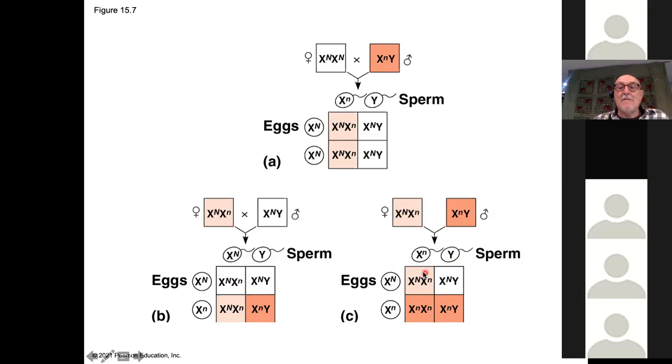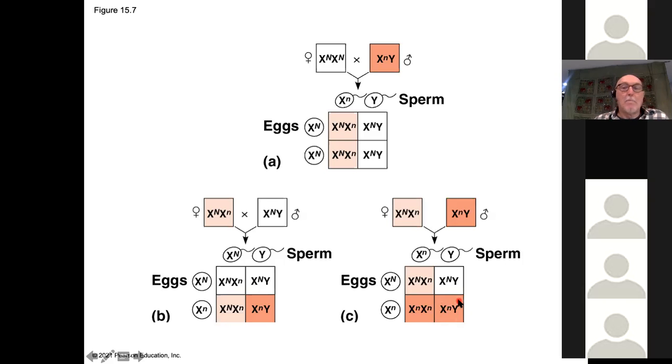Big N, little n, X, X, female, carrier. X, Y, big N, male, normal vision. Here, little n, Y, it's got X, Y, little n, colorblind.